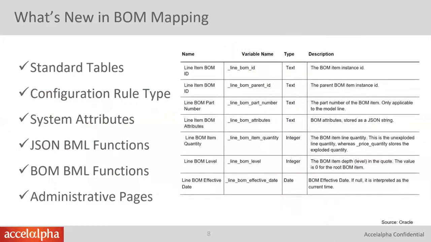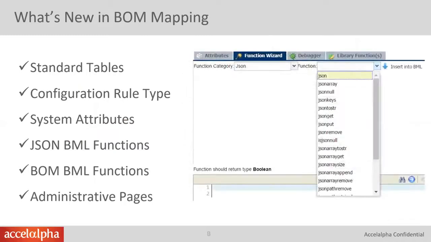There's also a series of system attributes that are used to store the result of the BOM and different details of the BOM. And these are available to us for presenting to the user or for querying from formulas and rules and so on. There's also a really nice set of JSON BML functions. So the BOM itself is generated as a JSON object. And so with that, we get a bunch of nice JSON functions for manipulating JSON objects, for creating, parsing JSONs, and so on.